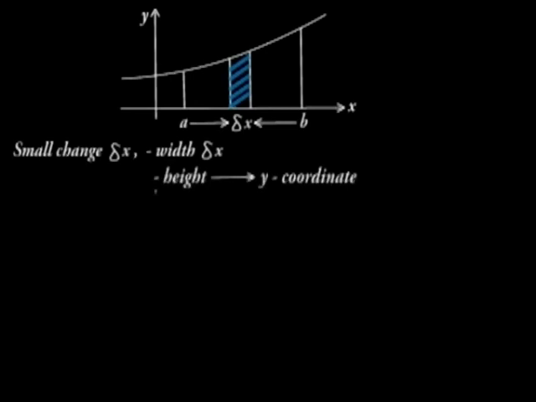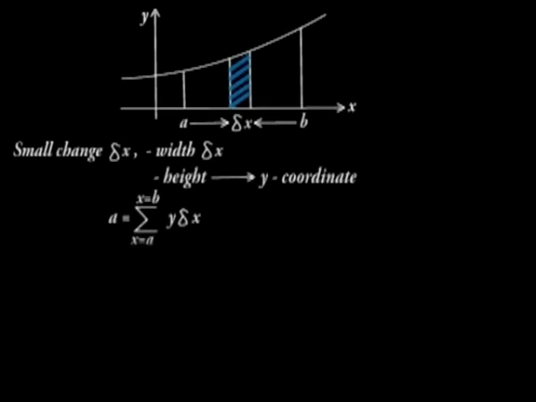The total area bound by the curve, the x-axis, and the lines x is equal to a and x is equal to b is the sum of the areas of these rectangles, represented as shown below.